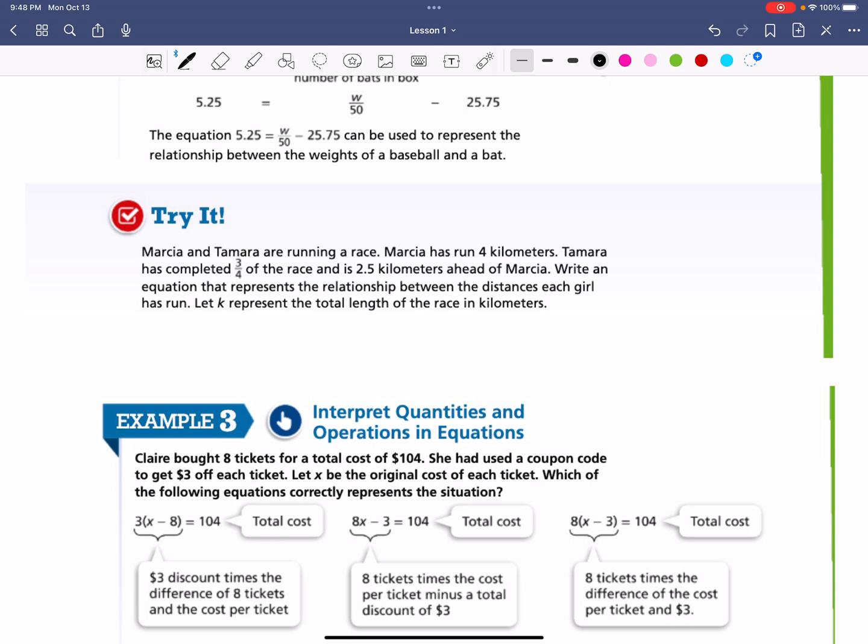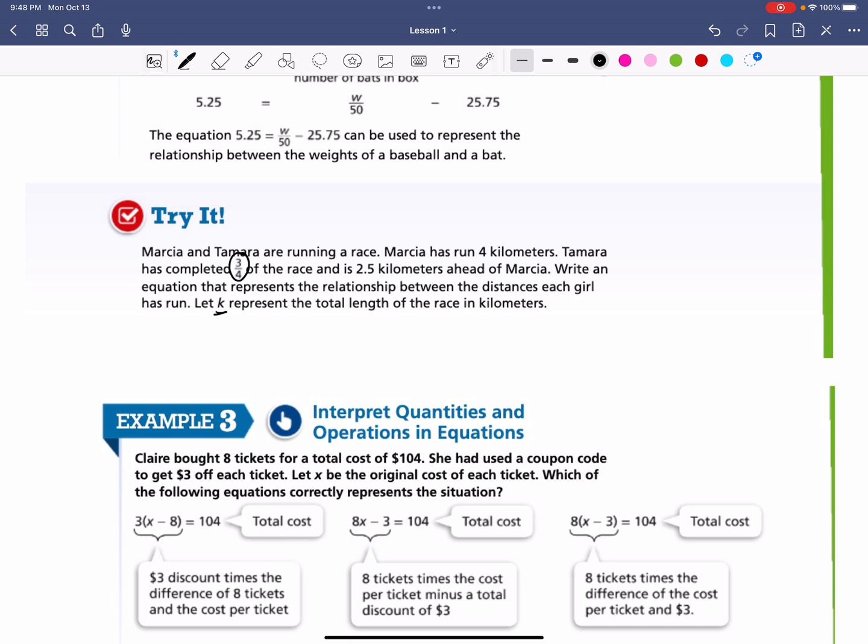So, we know that this race is K kilometers long. And we know that Tamara has completed 3/4 of that race.